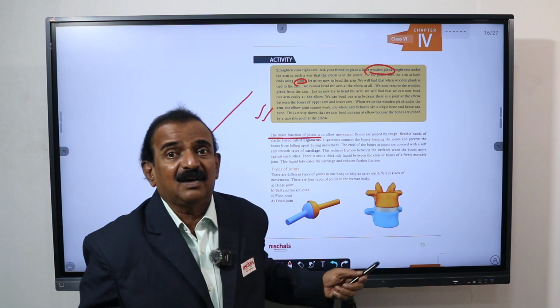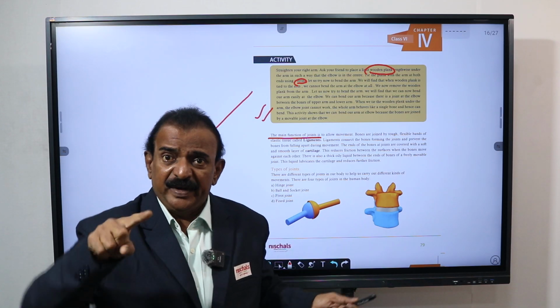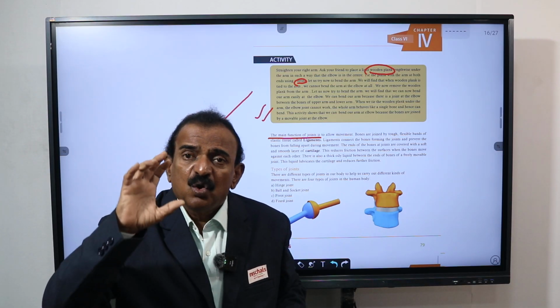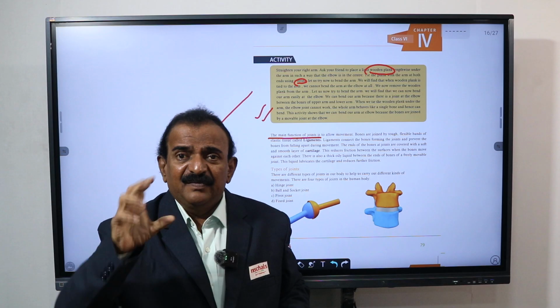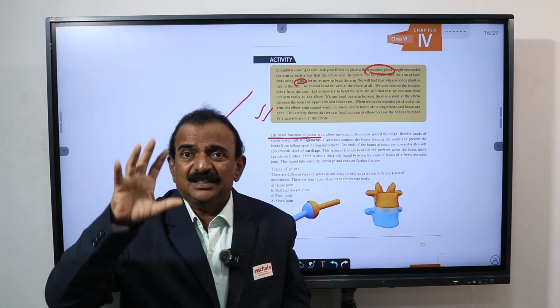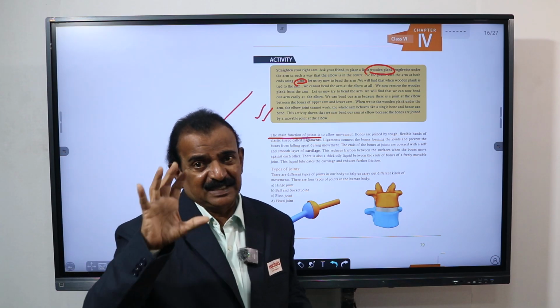So we discussed what ligaments are, what tendons are, what cartilage is, and also bone. These are the components of our skeleton system.